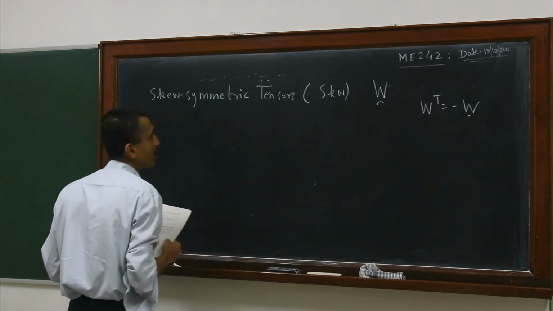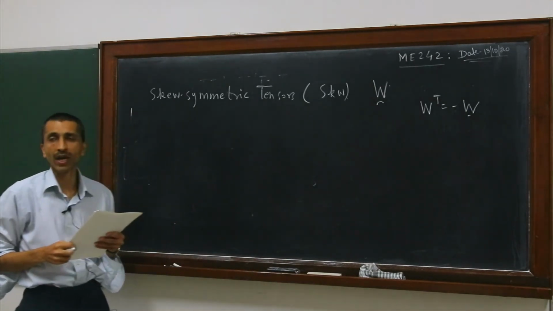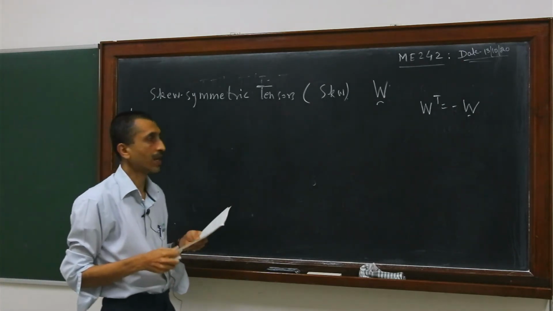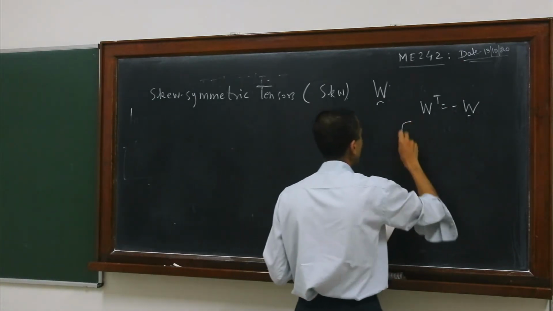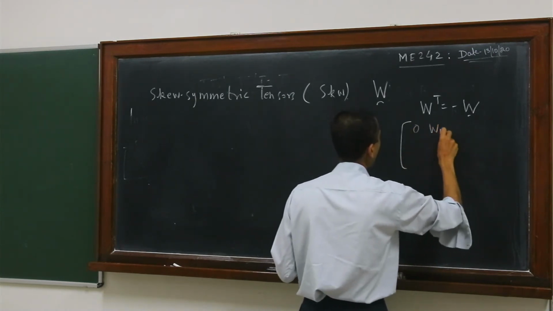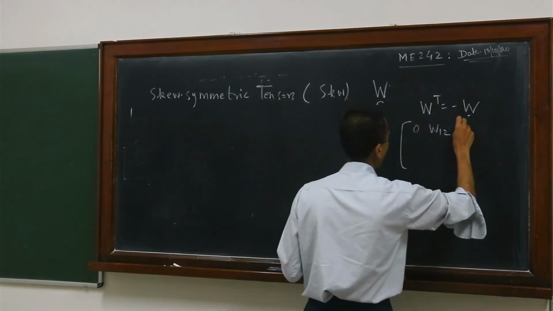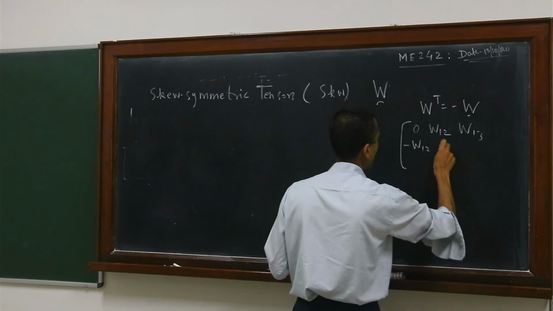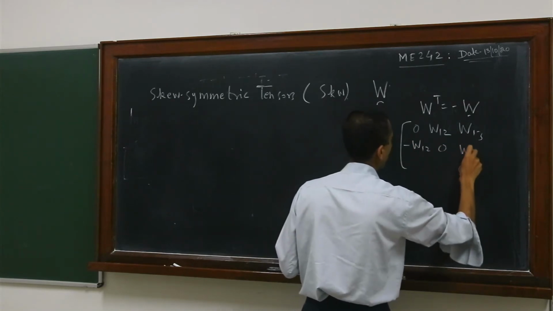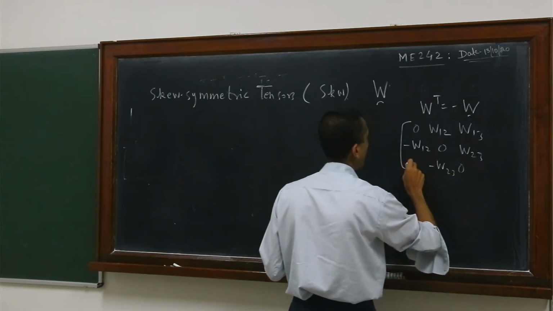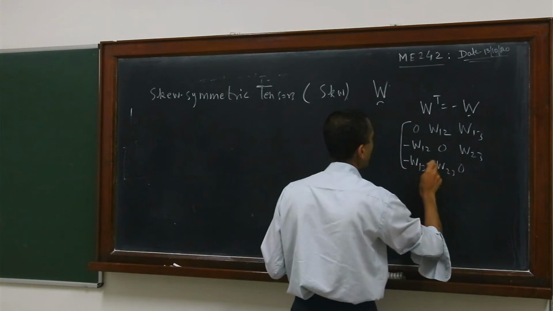Now if you write out the components of W in a given coordinate system, then you will get 0, then W12, then W13, then minus W12, then 0, then W23, then minus W13, minus W23, and 0.